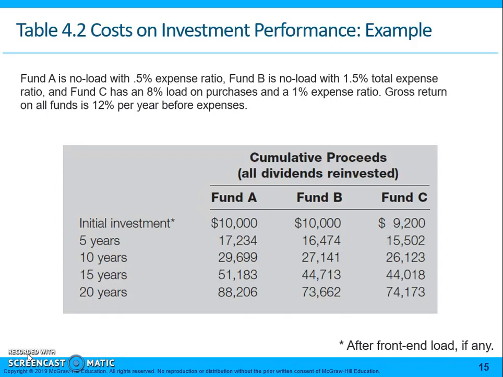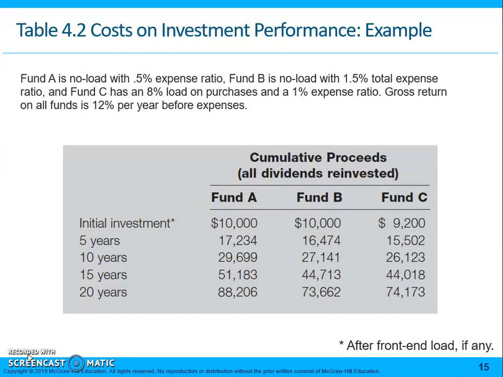If we compare the growth of the funds over time, what happens is, if you look across the top line, Fund C, that 8% came off the top. So as a result, that $10,000 investment was really only a $9,200 investment.